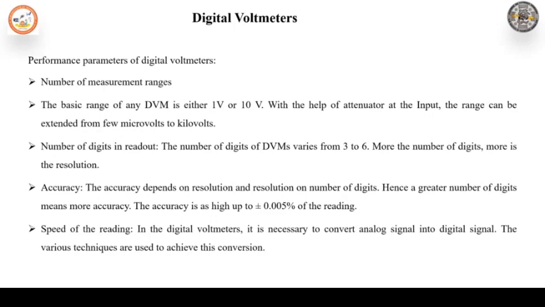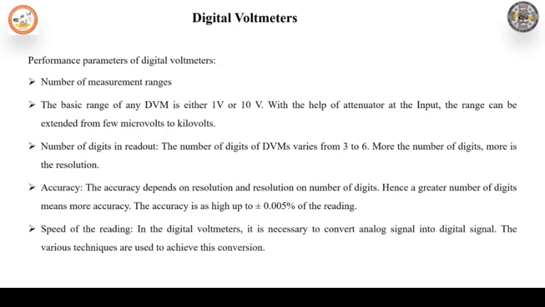The accuracy can be as high as plus or minus 0.005% of the reading. Next performance parameter is the speed of the reading. In digital voltmeters, it is necessary to convert the analog signal into a digital signal. Various techniques are used to achieve this conversion.